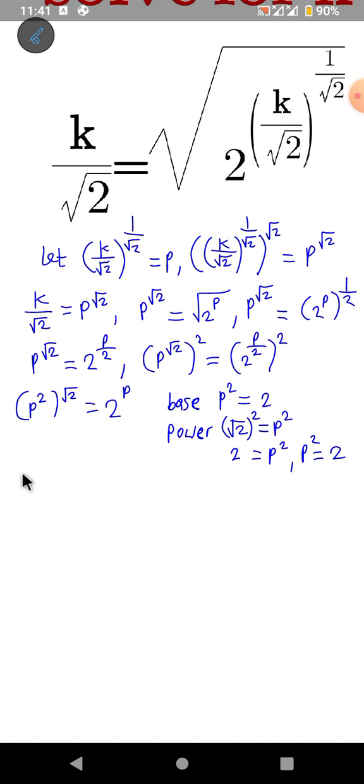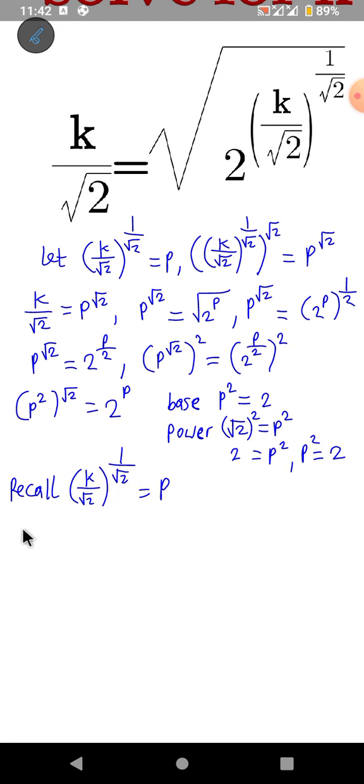So my next step now will be to recall this. We say (k over root 2) raised to the power of 1 over root 2 is equal to p. Then my next step now will be to square both sides so that I can get p squared in this place and substitute my 2.